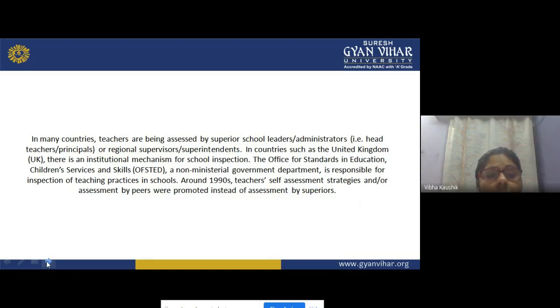Now, in many countries, teachers are being assessed by supervisors, school leaders. Now, what they are saying, this is not a new concept. In different countries, they have been using the teacher assessment concept from a long time back. In those countries the assessment of teachers is done by superior school leaders.